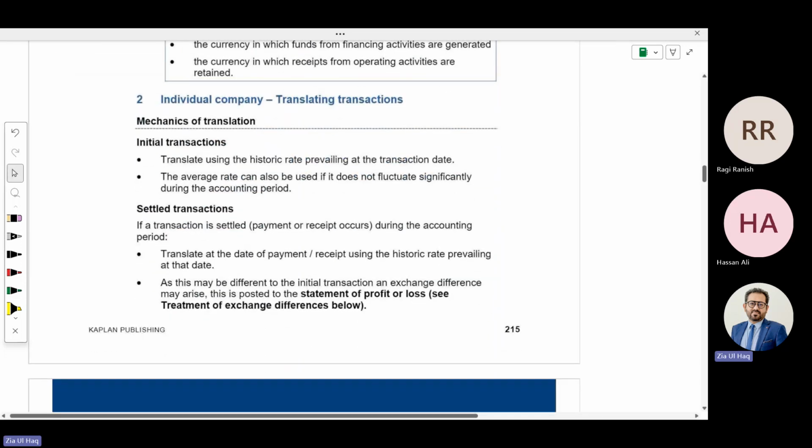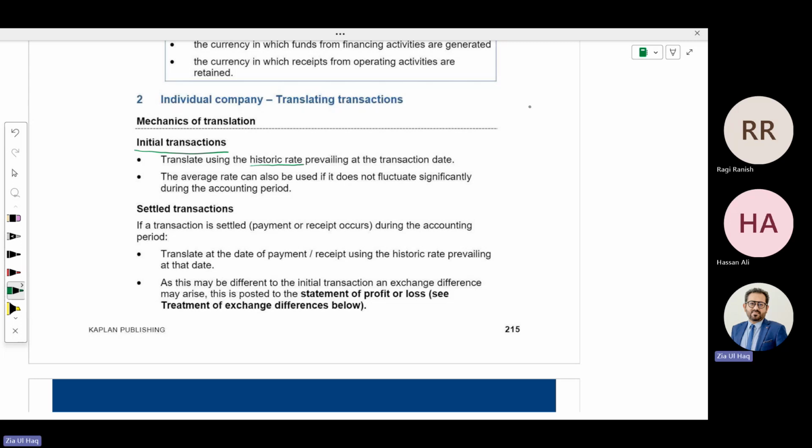Individual company translating transactions, mechanism of translation. For the initial transaction, when we perform the transaction, we will record it according to the historic rate, meaning the spot rate. Spot means the current rate. What is the current rate?